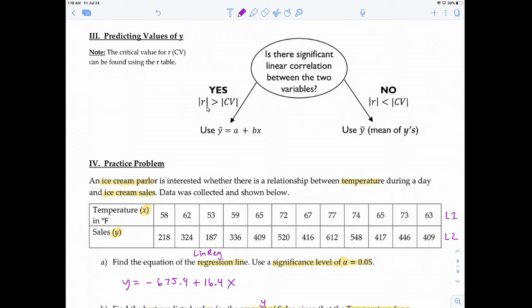You have to figure out what R is and then figure out what the critical value is and compare the two. If R is greater than the critical value, again, the absolute value of both, then yes, and you're going to input the X into the regression equation. If it's not, then the best predicted value is the average, or the mean, of the Y.